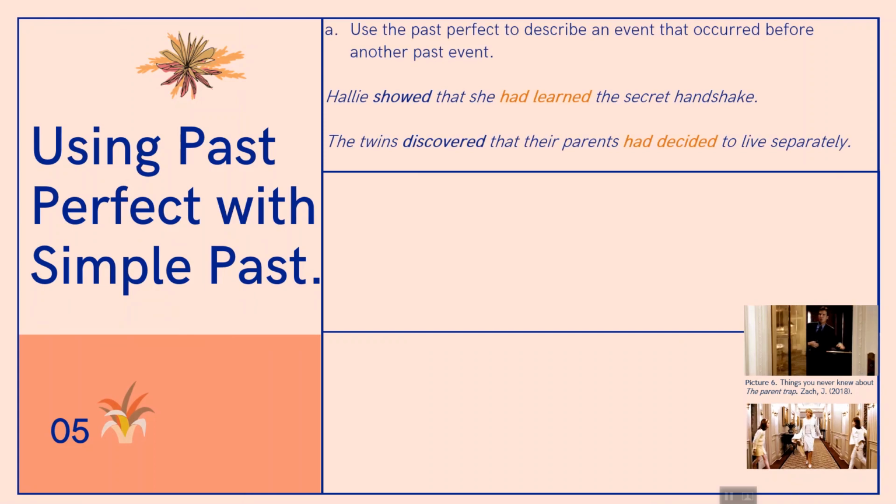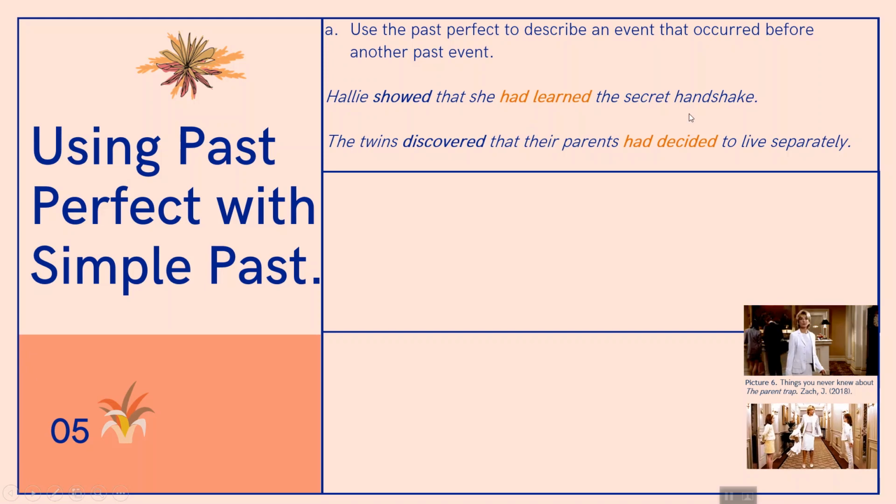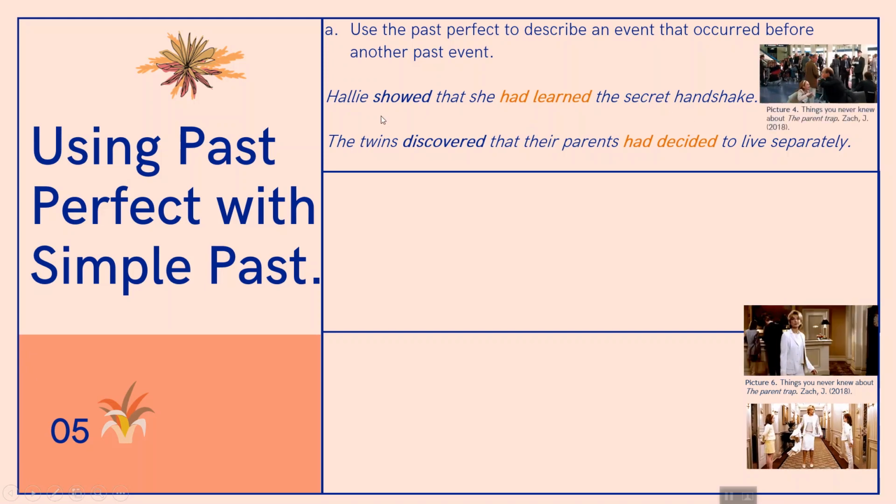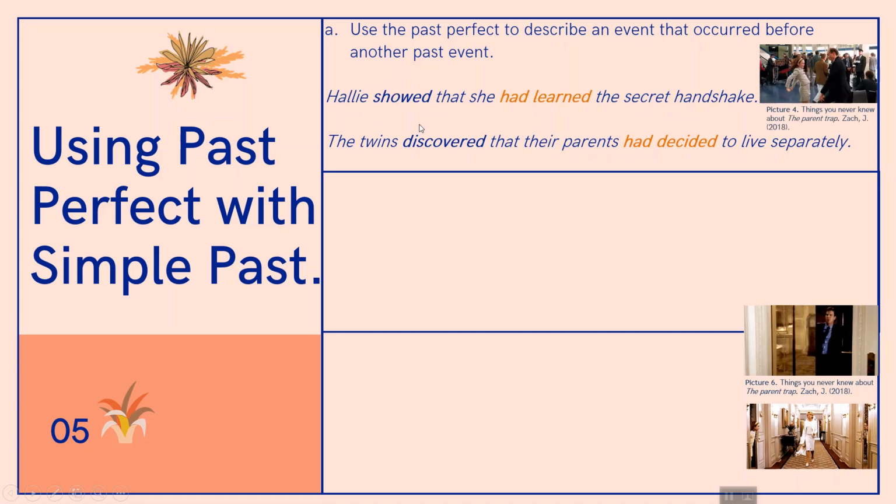Now, using past perfect with simple past. First of all, we're going to use past perfect to describe an event that occurred before another event in the past, as we said before. For example, Hallie showed that she had learned the secret handshake. In this case, we are saying that she had learned.